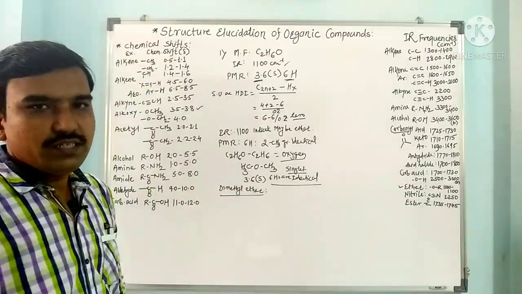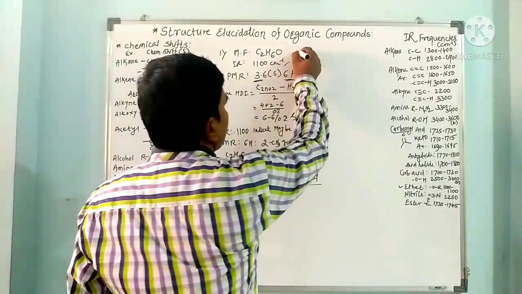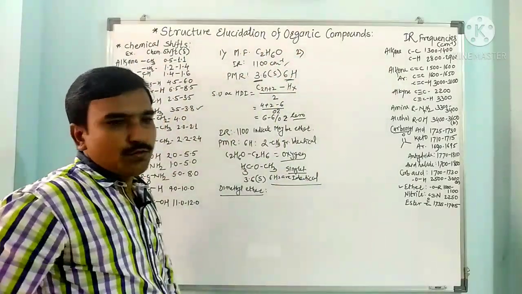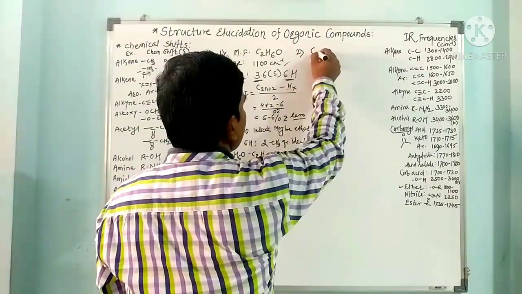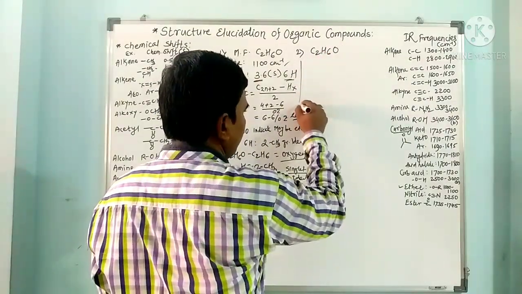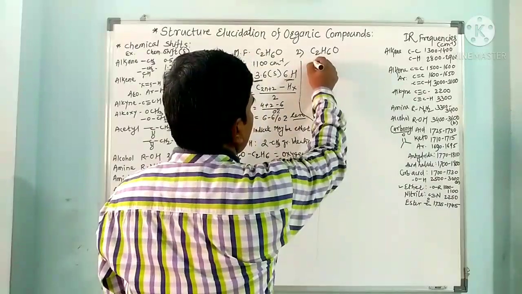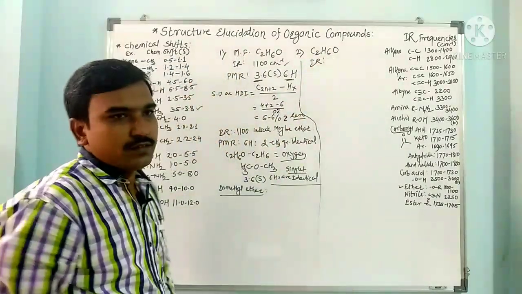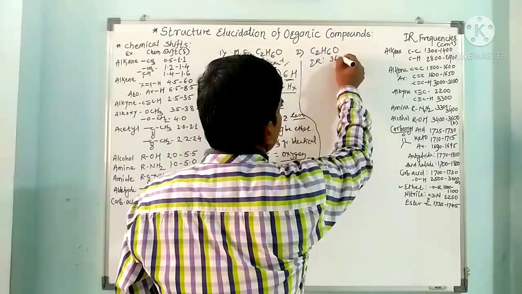Now we have to see the next molecular formula, that is the second. The same molecular formula is there, that is C2H6O, but here now the IR is 3600.